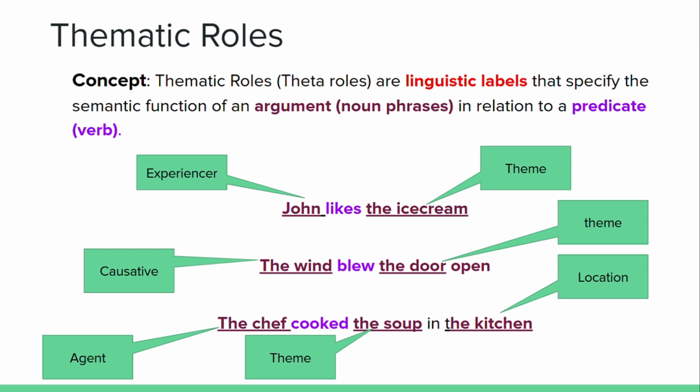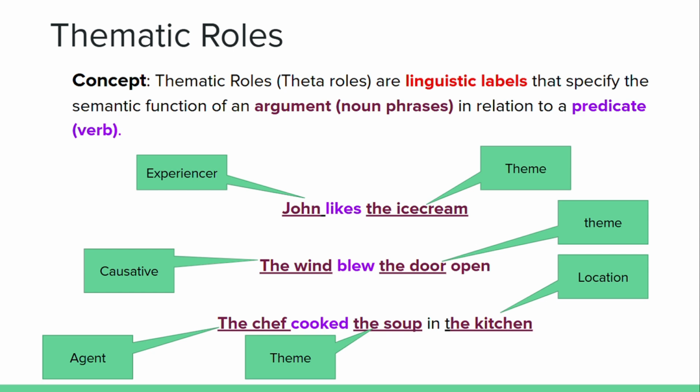Let's look at the second sentence. The wind blew the door open. Here, the subject phrase, the wind, is assigned the semantic role of causative, and the object, the door, is assigned the semantic role of theme.